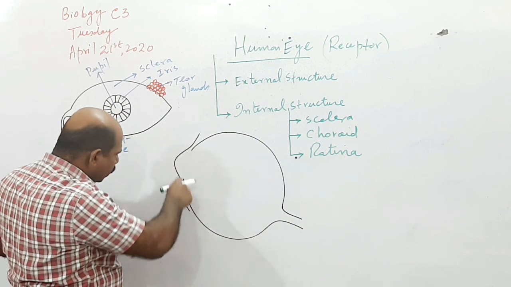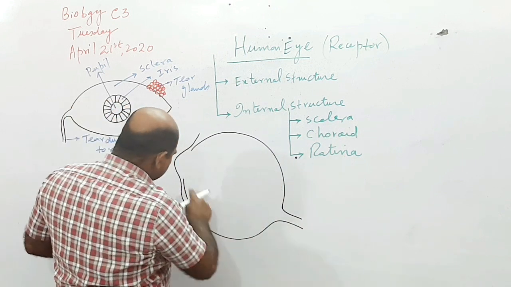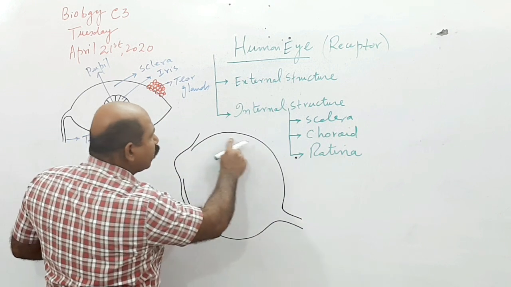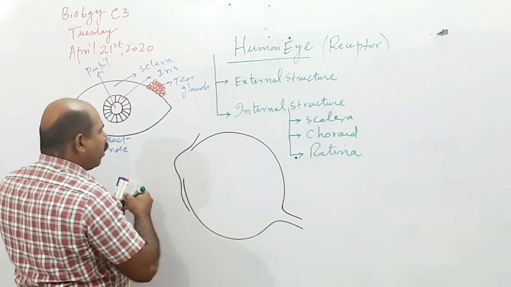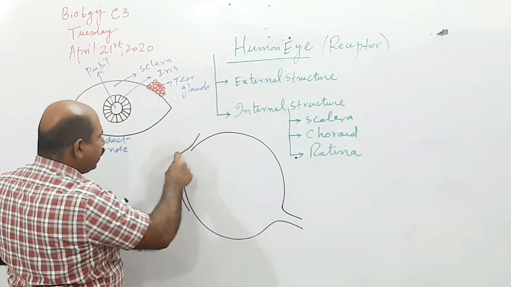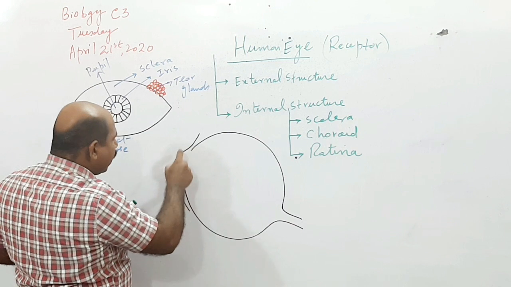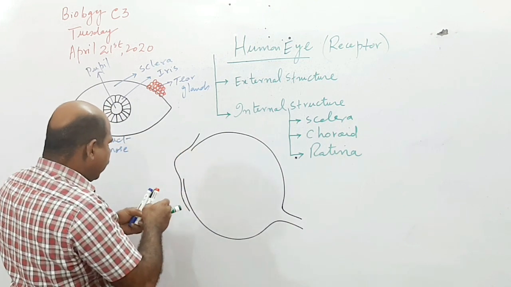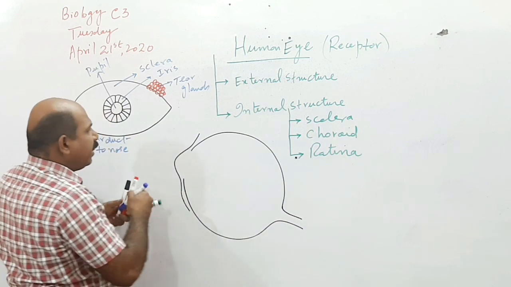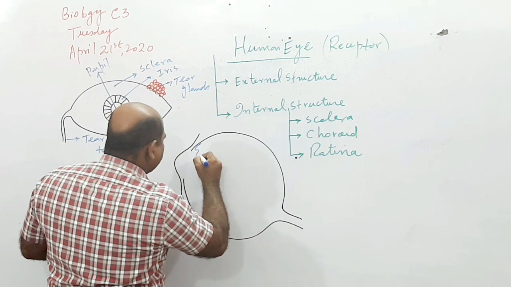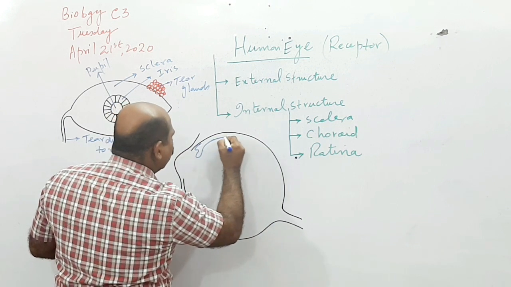But the front portion of the sclera, this region, we call it cornea. The cornea is transparent. And if we draw the second layer of the eye, it is called choroid.